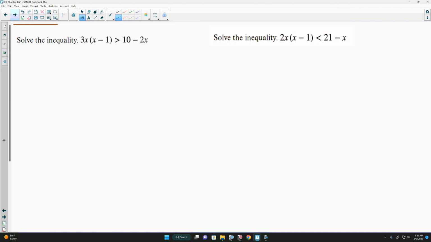Solve this inequality here. We want to solve it, graph it on a number line so we can see it, and also write it in interval notation. Now the first big thing I would say is get this thing equal to 0. Now we can distribute the 3x. 3x times x is 3x squared. 3x times negative 1 is negative 3x. Is greater than 10 minus 2x.